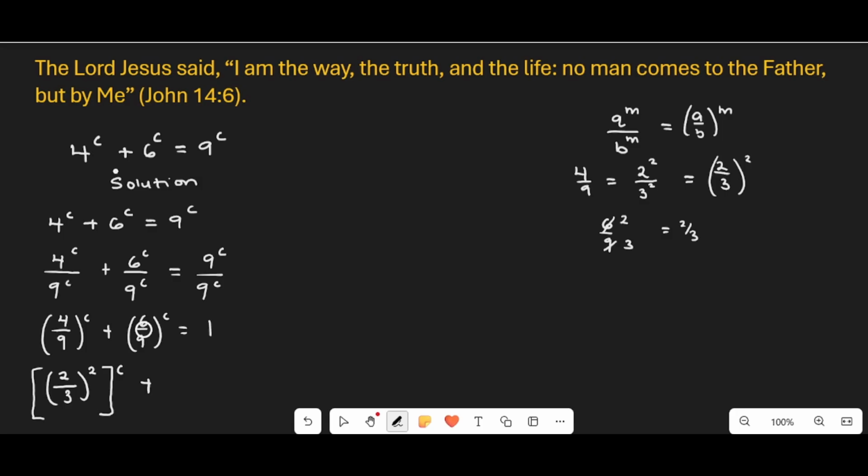So in place of 6 over 9, let us put 2 over 3. So 2 over 3 all raised to power C equal to 1.